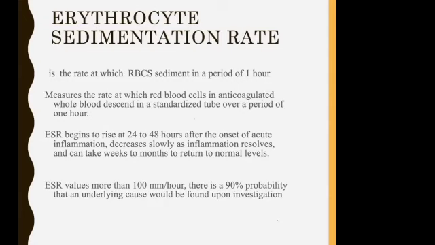Okay, so the time for the RBCs to fall to the bottom of the tube, that is what we call the erythrocyte sedimentation rate. And we look at it at a period of 1 hour. So if after 1 hour, patients have 100 millimeters of RBCs precipitated every hour, then this is an ESR of 100. That's what we mean by ESR.